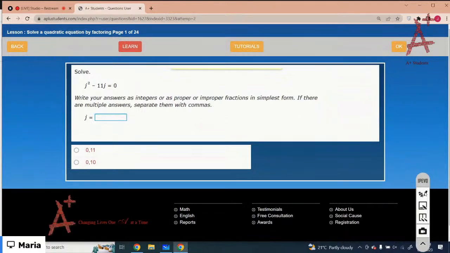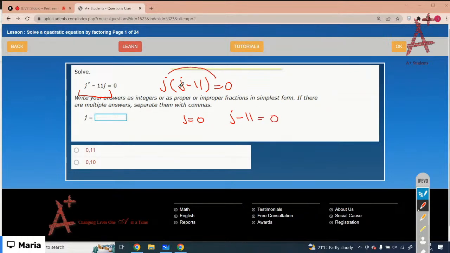Okay, j square minus 11j equals 0. So just see how can we factor. We can factor j common and you are left with j minus 11 equals 0. Got it? Just use the 0 property, equate them. Either j equals 0 or j minus 11 is 0. Got it? That means the function has two roots, j equals 0 and j equals, when you move negative 11 to the other side, it would be positive.